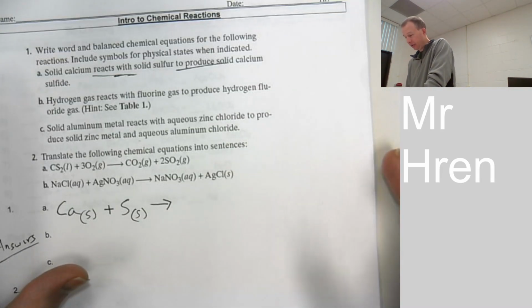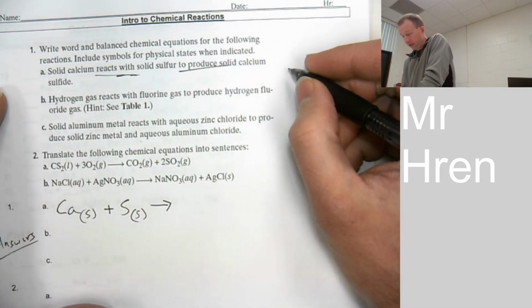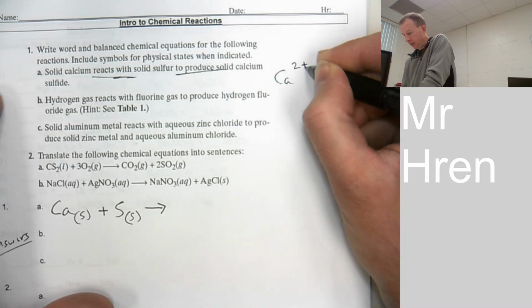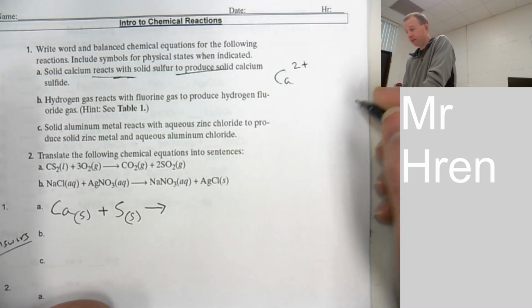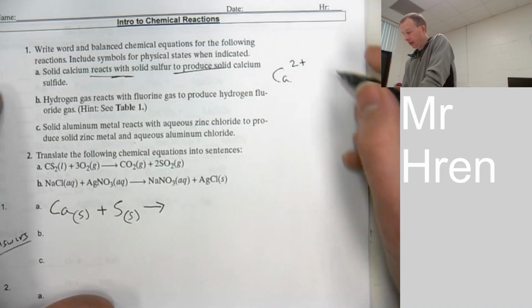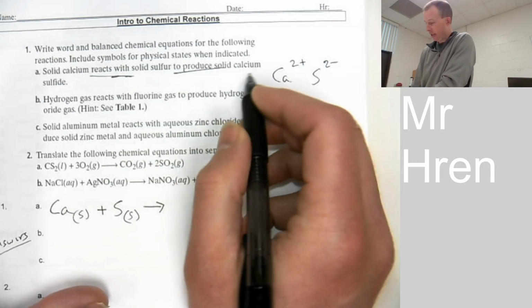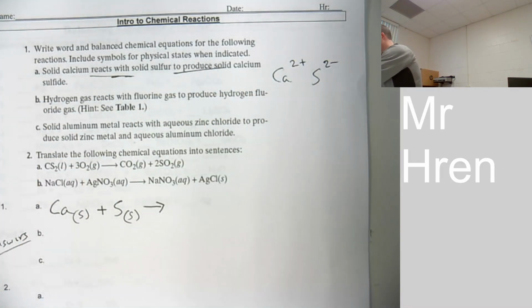So like calcium sulfide. To write this formula correctly, you've got calcium. Calcium is a positive 2 ion. So we have to go back to all that. Sulfur is a negative 2 ion. It says it's calcium sulfide, that's sulfur. Let's see if I have one of those ions floating around.